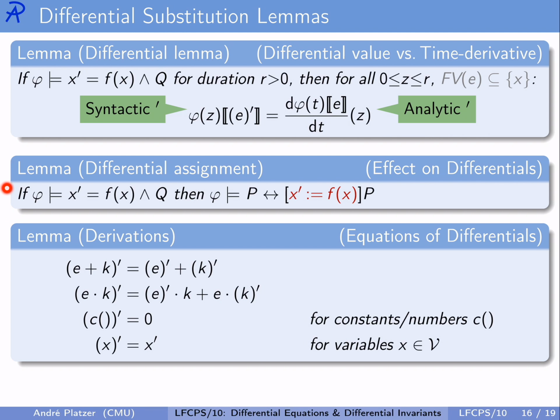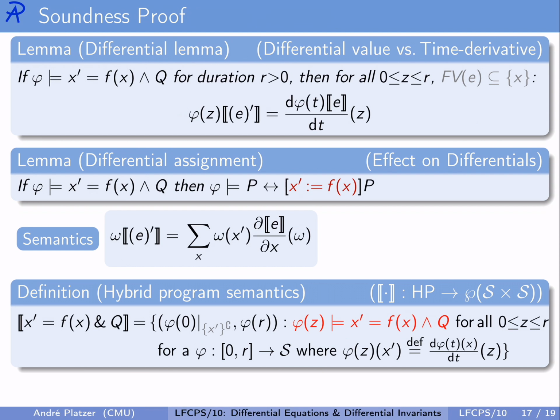Let's quickly do the correctness proof for the differential assignment lemma. Property is true if and only if it's true after assigning the left-hand side of the differential equation to become the right-hand side of a differential equation while we're following a differential equation. That is exactly part of the effect that differential equations have, namely that while we're following a differential equation, that really means at all times x prime equals f of x and q is true.